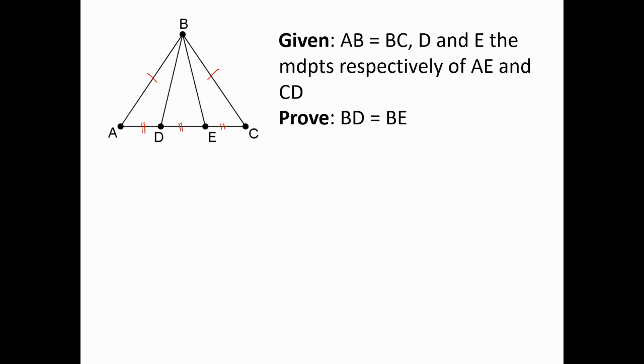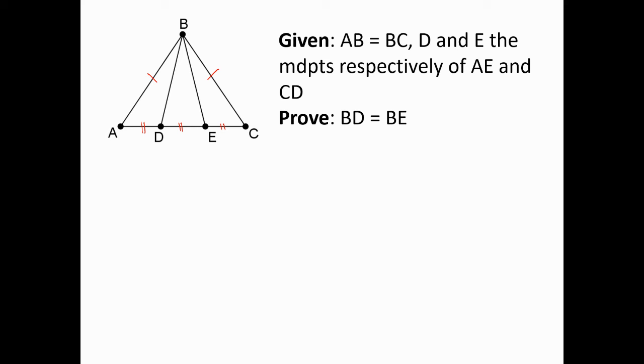All right, welcome back. Let's give this proof. So we wish to prove that BD is equal to BE. So how could this be done? Well, what I notice is that BD is part of triangle ABD and BE is part of triangle CBE. So let me attempt to prove that triangle ABD is congruent to triangle CBE.